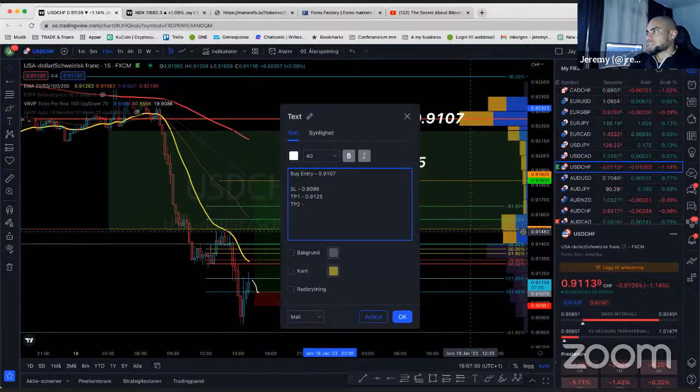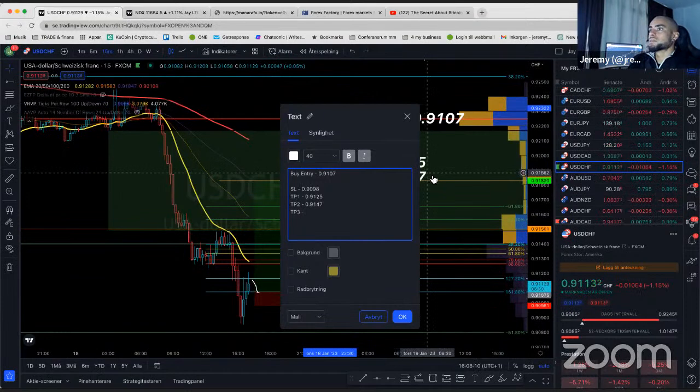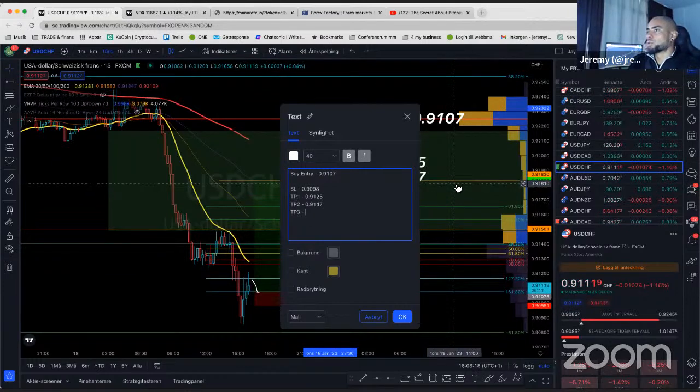We got major resistance, so I will put take profit 2 at 0.9147. Guys, my language is all over the place today. I'm sorry. And then we got the major take profit that we want to have at 0.9180. All right, 0.9180. And that's it.